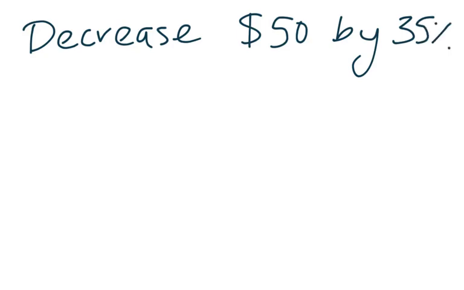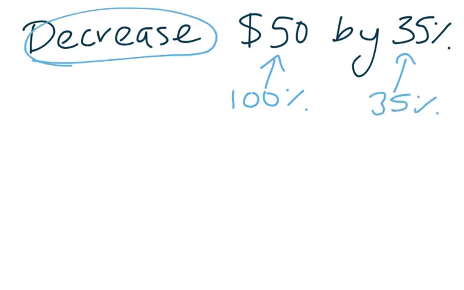So if we're decreasing something by 35%, now we talked about this before, this one here is 100%, and of course the 35 is obviously 35%. So if we're decreasing something, we're taking it away. So if we had 100% and we're removing 35% of it, we are left with 65% of the original.